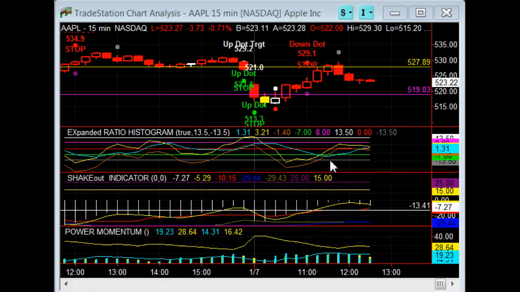And again, what we look for in just the opposite setup is if the yellow is below, then we would be expecting an immediate fall off.